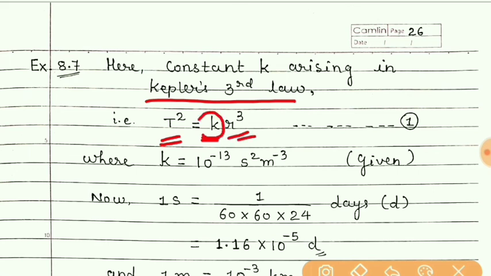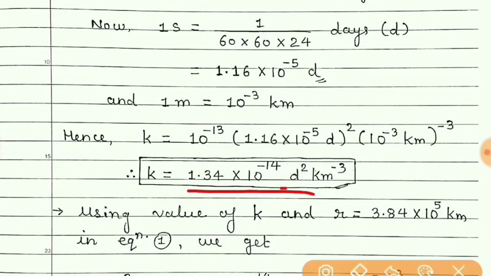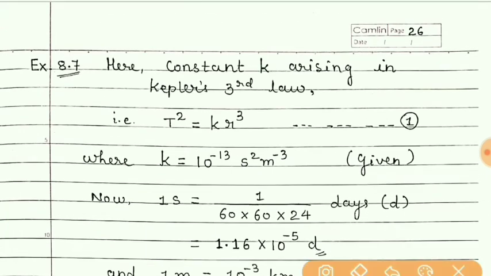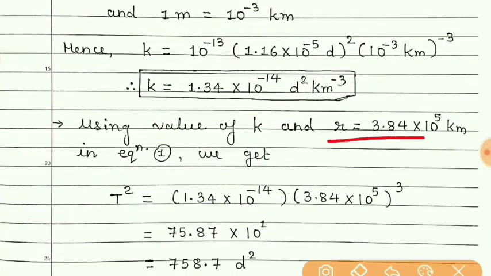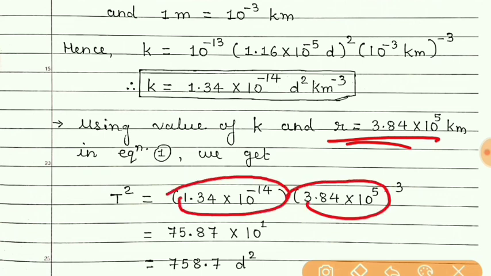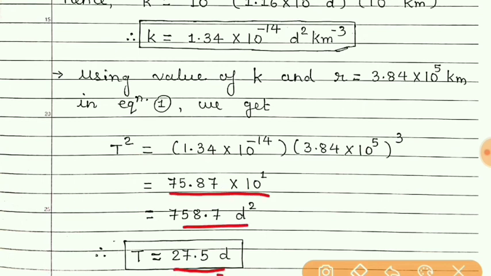Now value of K is here, and distance R is given to us in the statement, which is this. So value of K and R cube, simply calculate this. You will get this answer.